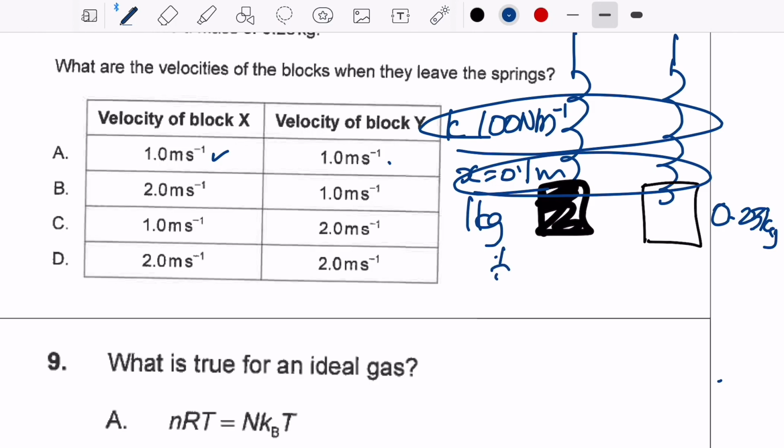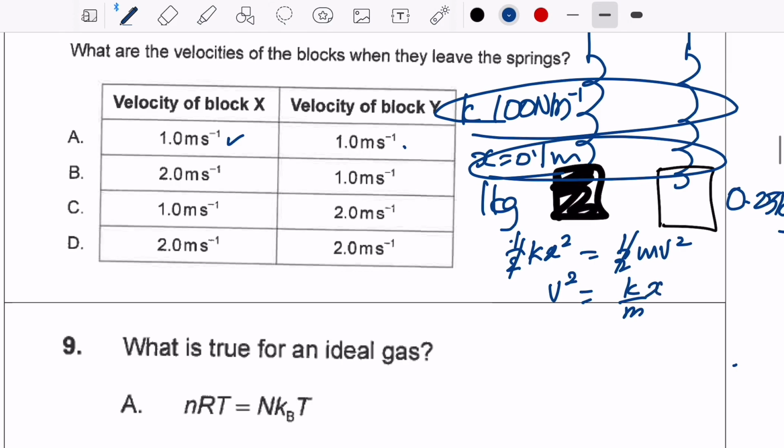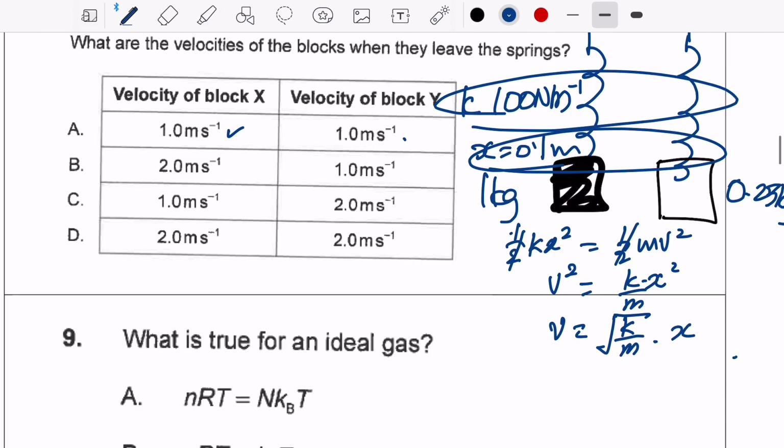Elastic potential energy, half kx squared, will change into half mv squared in both these two situations. From there I can cancel this. V squared equals k over m times x squared. So V equals the square root of k over m, times x, right?